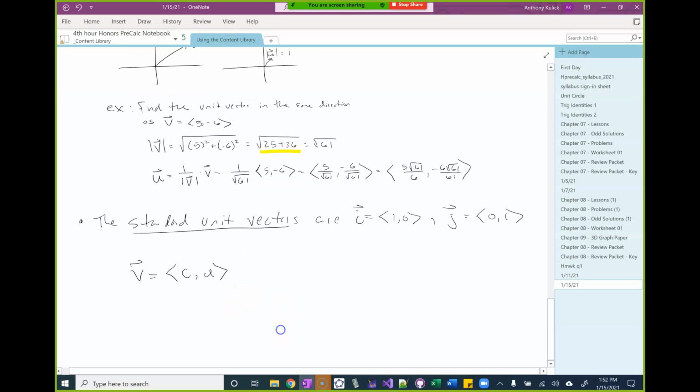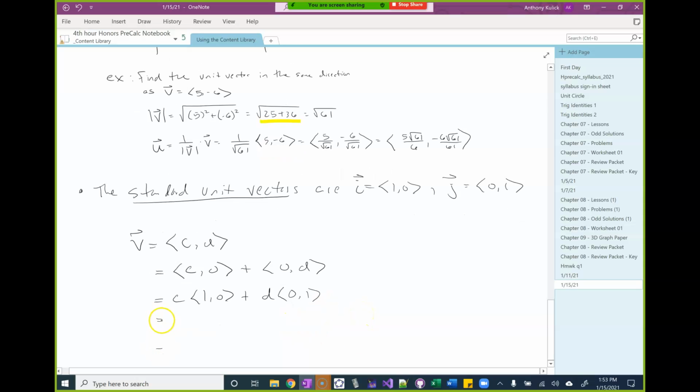For example, if v is the vector c, d, we can write v as the vector c, 0 plus the vector 0, d. And c, 0 would be the same thing as c times the vector 1, 0, and 0, d is d times the vector 0, 1, which is just the vector j. So in this case, we could represent v as the vector ci plus dj.